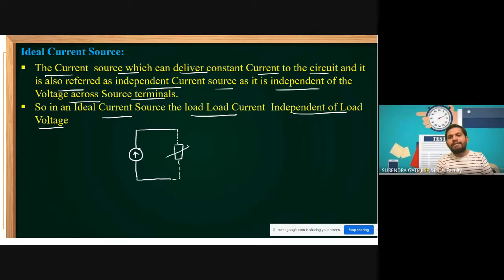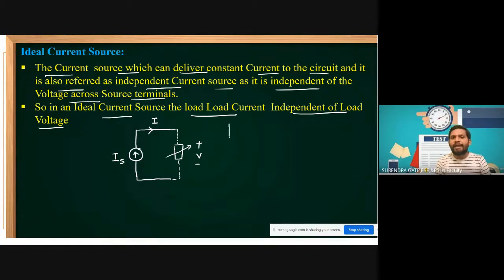Let this be the variable load. Let the voltage across the load be V. Let the current in the circuit be I. Please concentrate. The current in the circuit is I, and that is treated as the load current. Let the source current be Is. This Is is supplying the I.